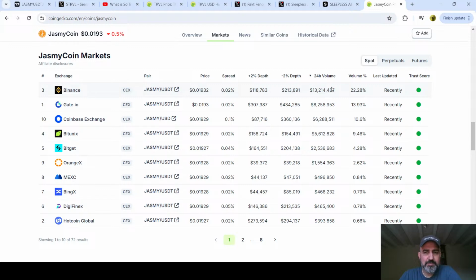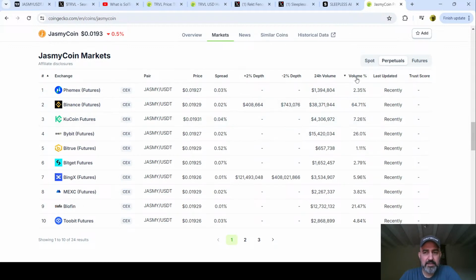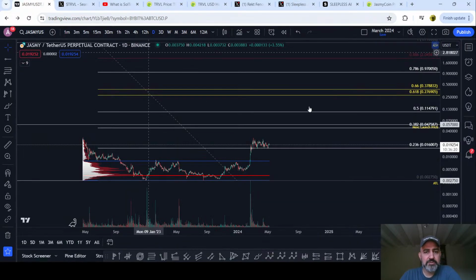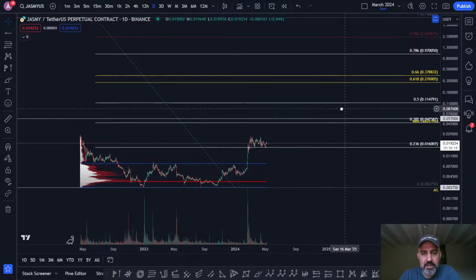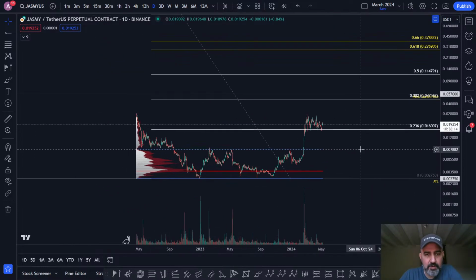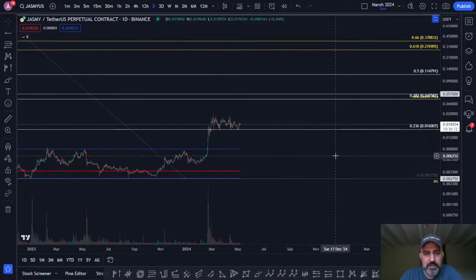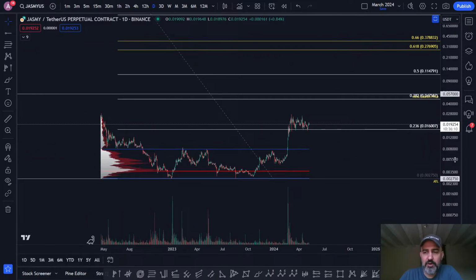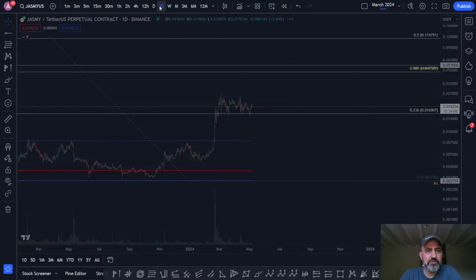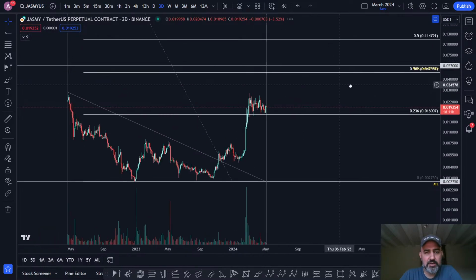Again, it's Binance spot, so Binance is basically moving the price, and it's all Binance futures. So you can basically focus on the Binance chart and just ignore the other charts. All right. So because we've put in an all-time low, you can pretty much ignore previous moves on this chart.